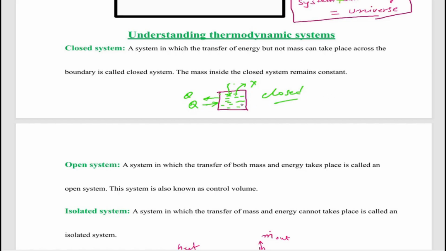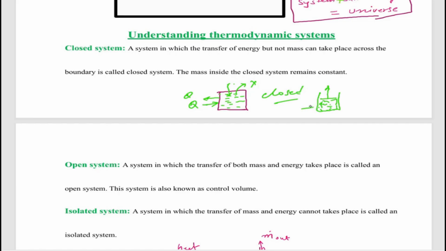Here it's a fixed boundary, but in a closed system there can be a movable boundary also. For example, a piston cylinder arrangement is there, right? This is also a closed system.